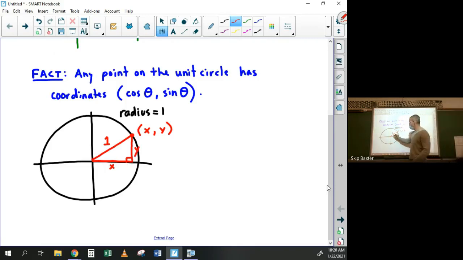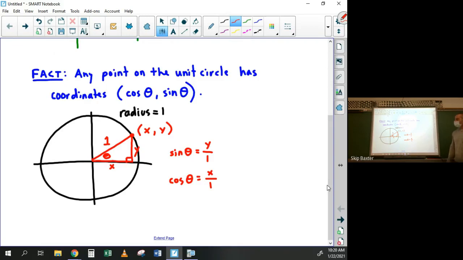If this is the angle theta, I could just do trig to it. The sine of that angle is opposite over hypotenuse, y over 1, so y is the sine of theta. And the cosine of that same angle is x over 1, adjacent over hypotenuse, so x equals cosine theta. So any point on the unit circle has the coordinates cosine theta, sine theta. Now, I happen to draw a point in the first quadrant, but the fact can be generalized for any point on the unit circle.